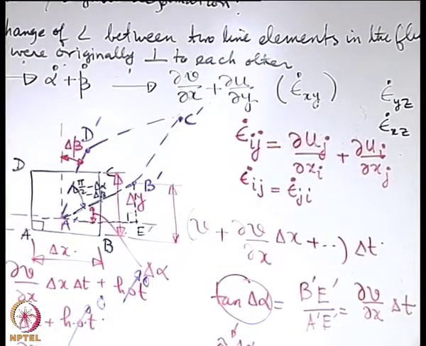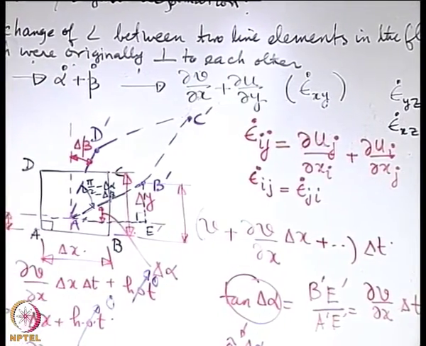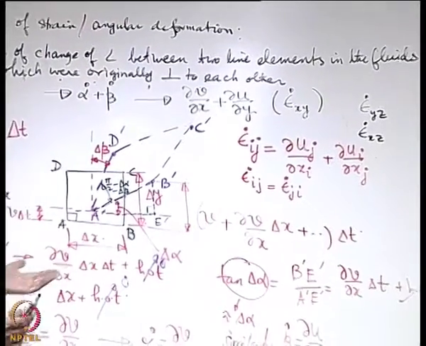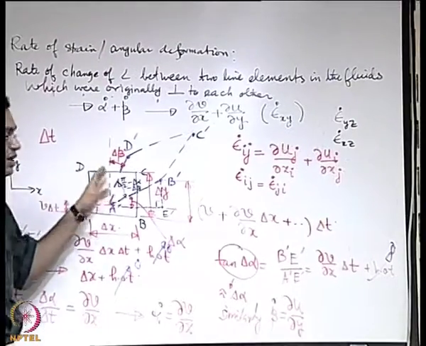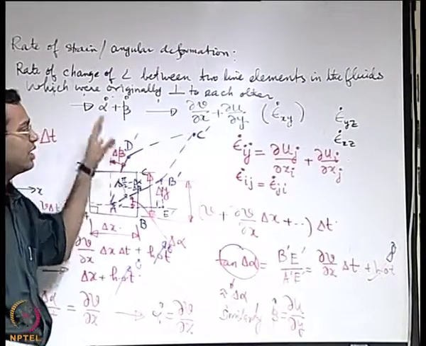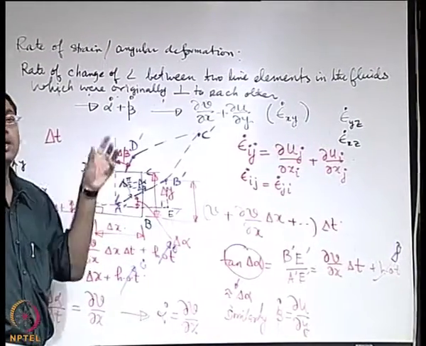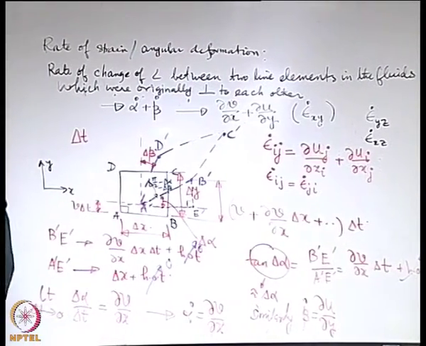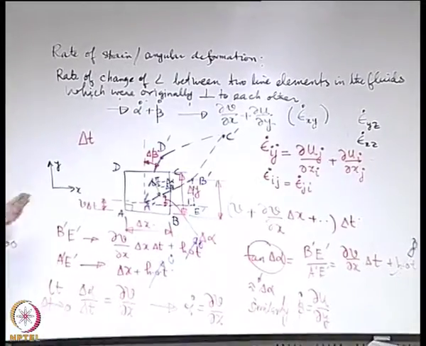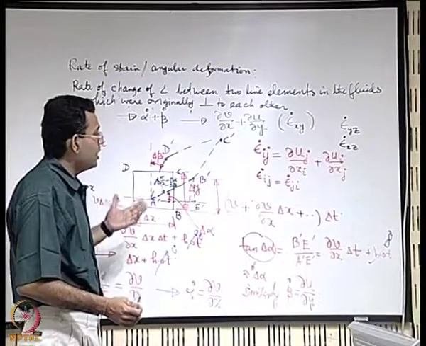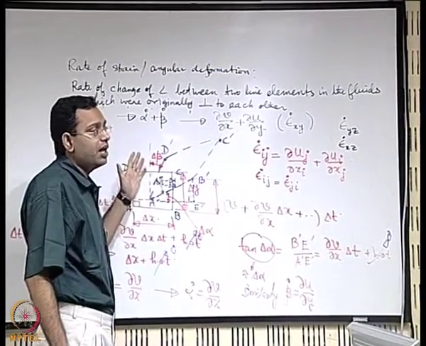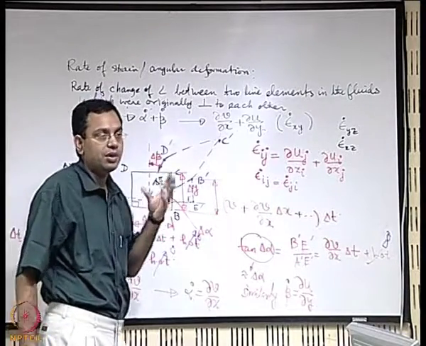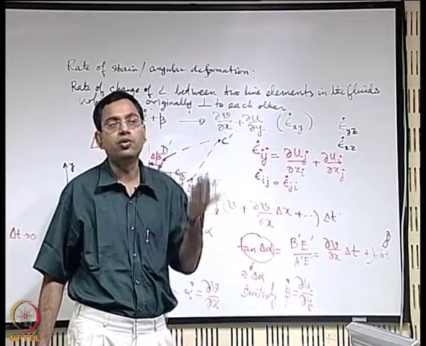So, we have seen the rate of angular deformation, but one important thing is, we have seen examples earlier that there are cases when the fluid element is not having angular deformation as such, but it may be rotating like a rigid body. If the fluid element is rotating like a rigid body without any angular deformation, then there also will be a change in some angle, that will not be an angular deformation, but the change in angle because of rigid body rotation.